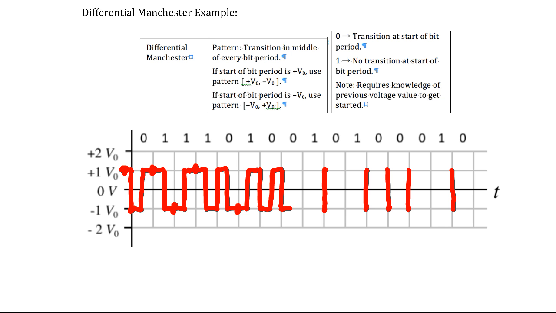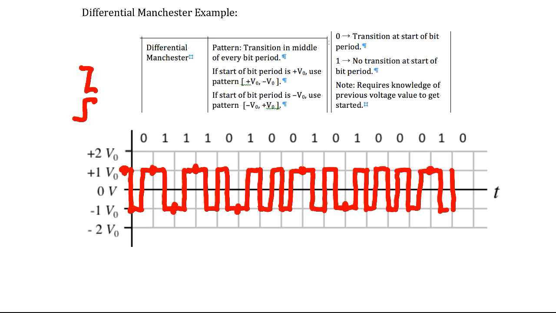And so I always just draw this little shape. Transition, no transition. So I'm always drawing either plus to minus or minus to plus. A 1 gives me no transition at the beginning. Okay, and that's how you fill in the differential Manchester.